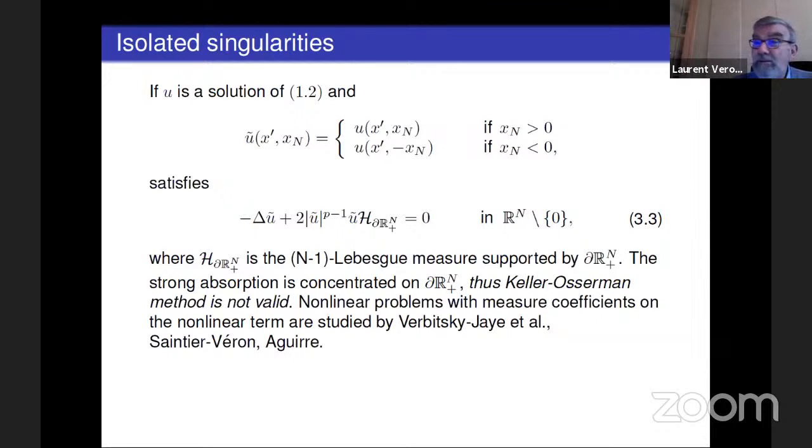He's from the Universidad Católica de Chile in Santiago. So it's a way of handling nonlinear boundary problems, connecting this type of problem with a problem with a measure potential acting on the nonlinear terms.